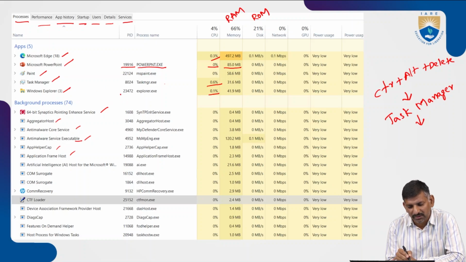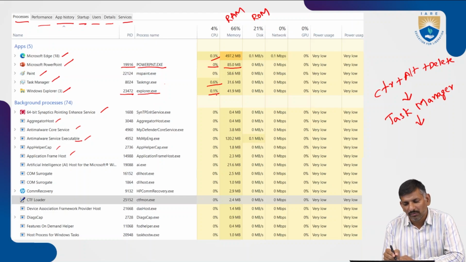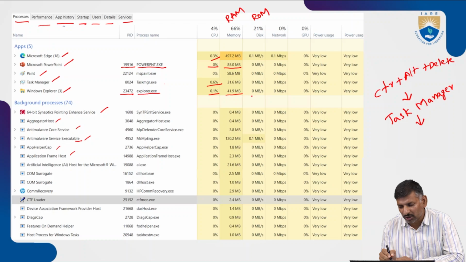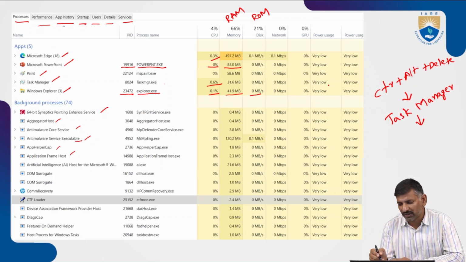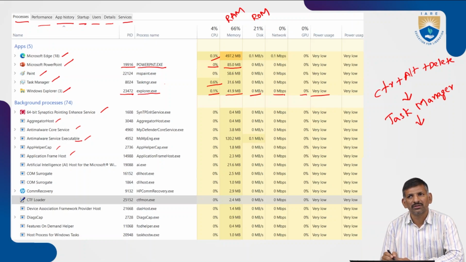Its process ID is 23472, its process name is Explorer.exe, and it utilizes 0.1% CPU. It occupies 41.9 MB of RAM, its hard disk usage is very low, power usage is very low, GPU is 0, and network is very low, 0.